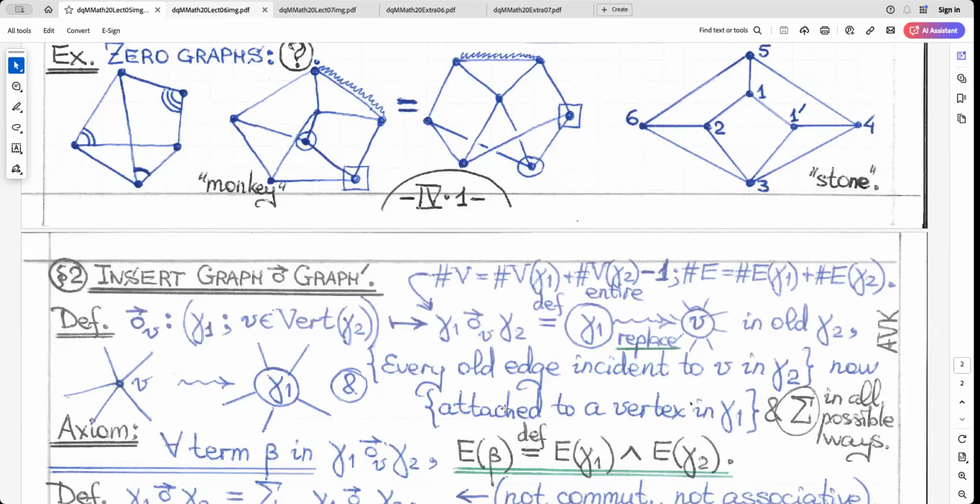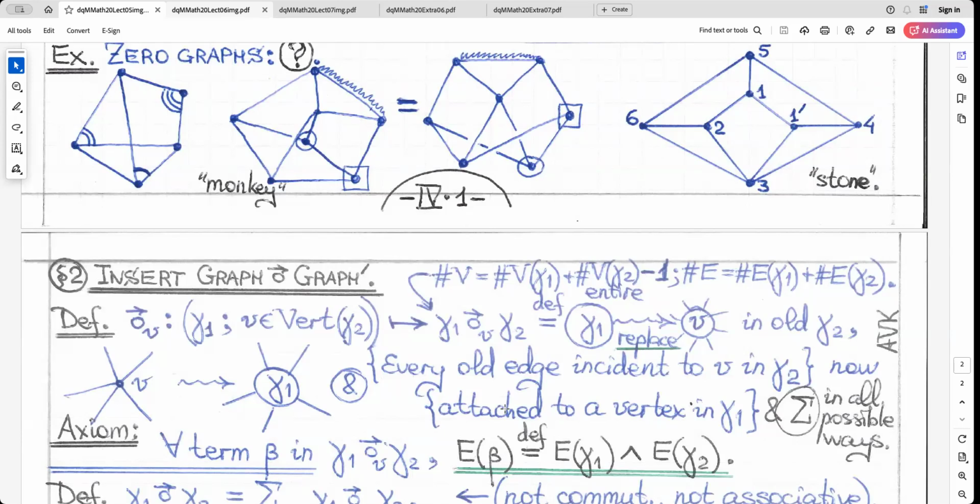We study graphs with ordering of edges. We postulate that in every term in that formal sum, the edge ordering is initially the edges of the graph which we inserted, and then the old edges of the old victim graph.